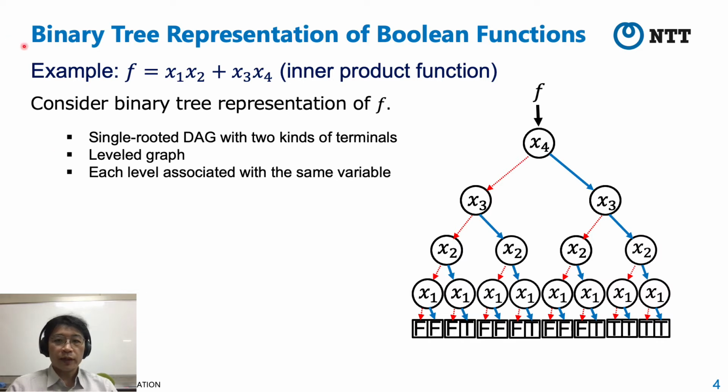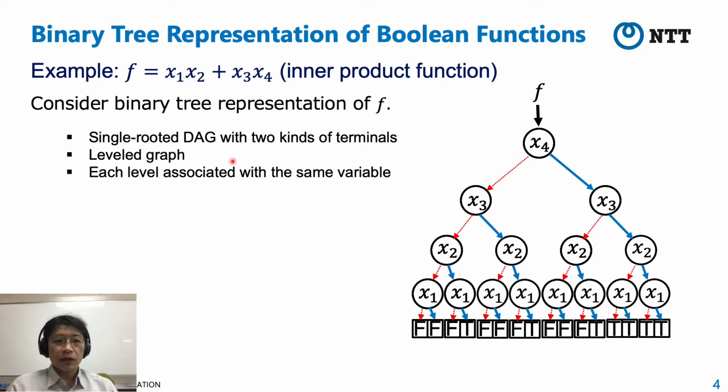To define OBDDs, it will be easy to consider the binary tree representation of Boolean functions. Let's consider this function that is just the inner product function, and consider its binary tree representation, that is a single-rooted DAG, directed acyclic graph, with two kinds of terminals, false and true.